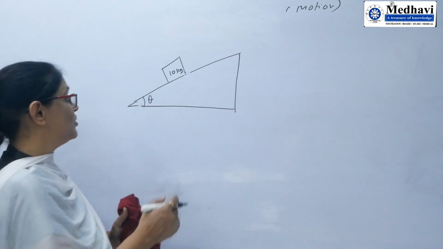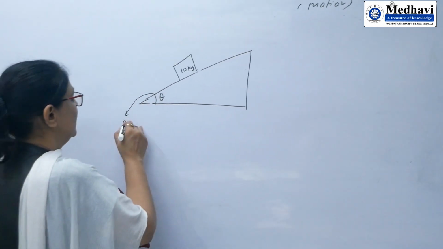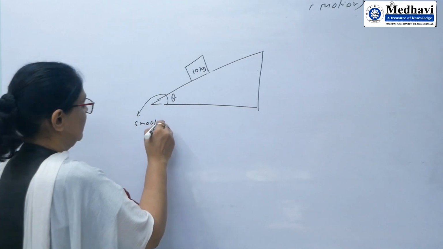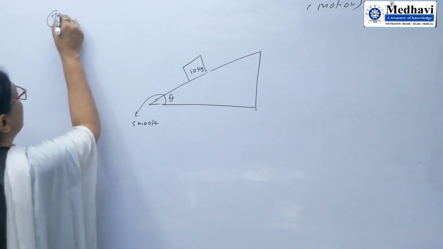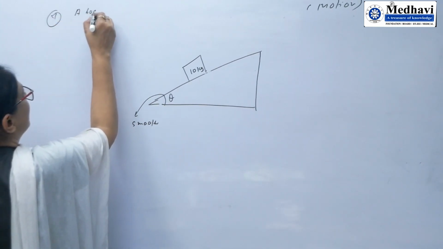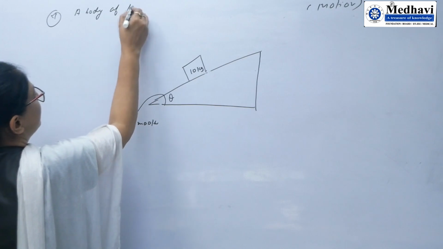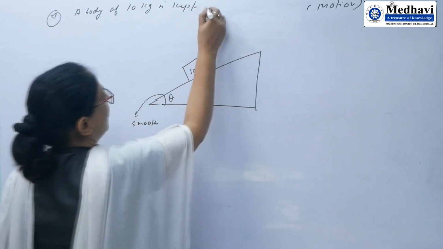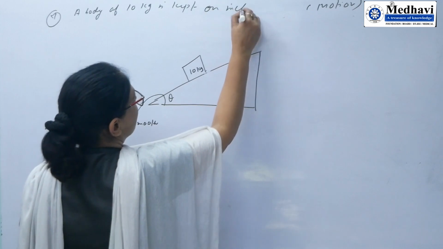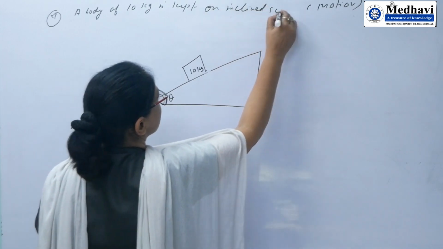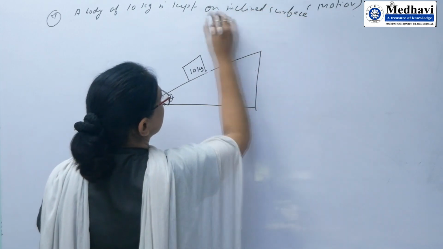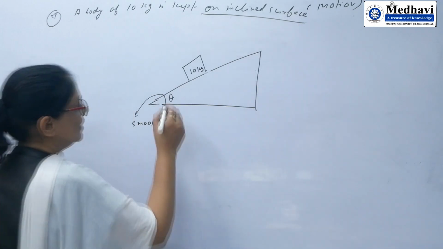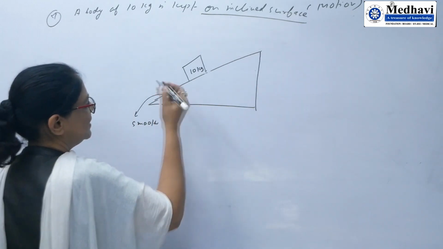And the body is on a smooth surface. The surface provided is smooth. So the fourth case: a body of 10 kg is kept on an inclined surface. Angle, you can take some angle, 60 degree.